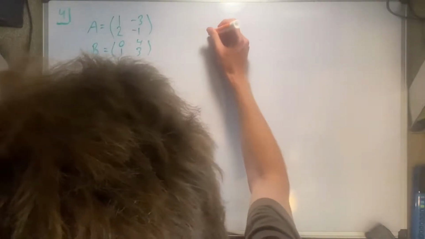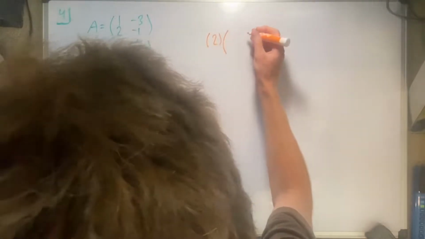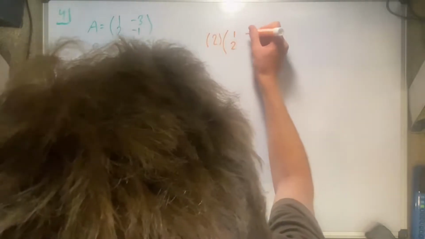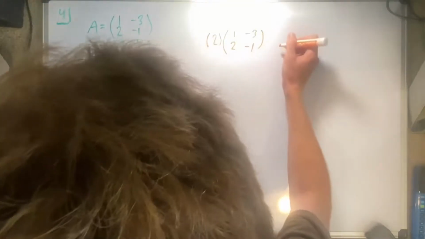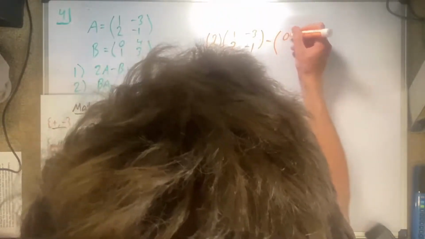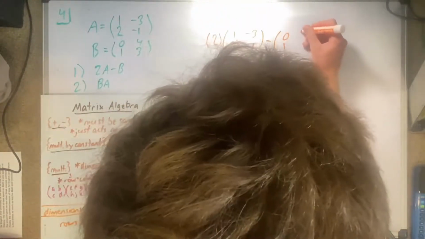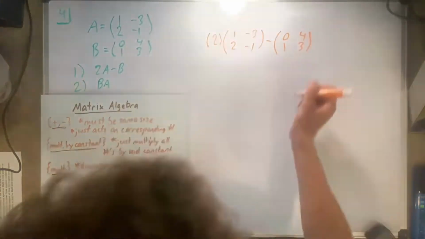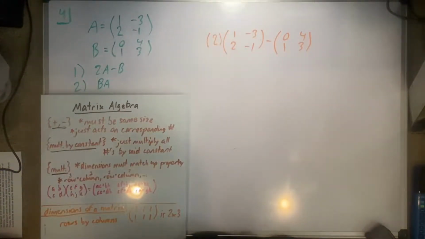So first we need to do 2A minus B. So we're going to do 2 times A, which is 1, 2, negative 3, negative 1, minus B, which is 0, 1, 4, and 3. So how would we go about doing this first? Well, firstly, we have this multiplication because our order of operations still applies with matrices.